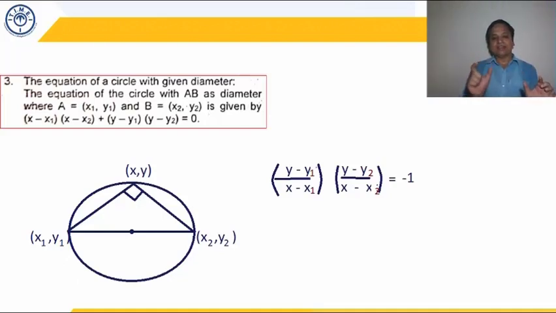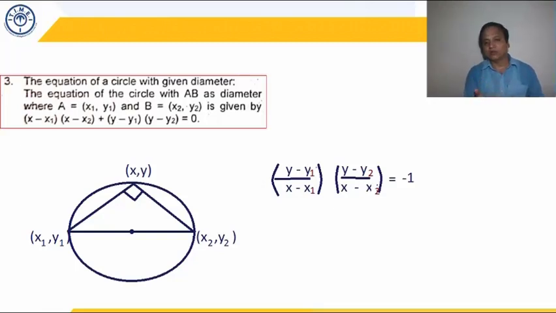Here (x1, y1) and (x2, y2) are given to us and (x, y) is a general point on the circle. The slope of the second line, which is 90 degrees to the first line, is (y − y2)/(x − x2).